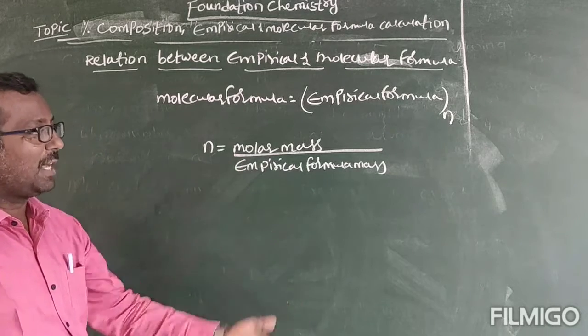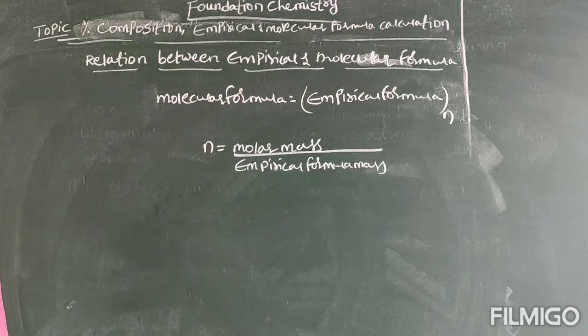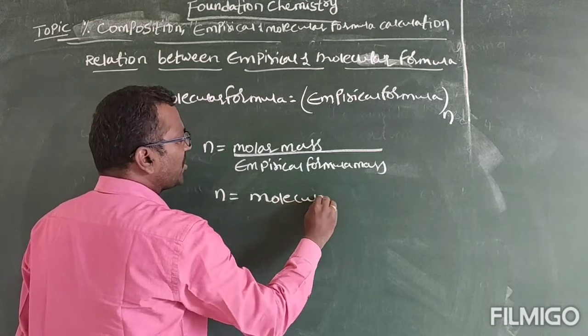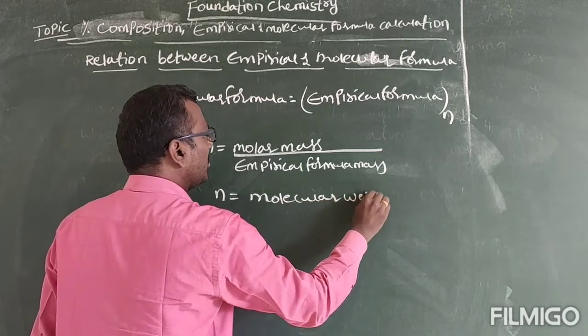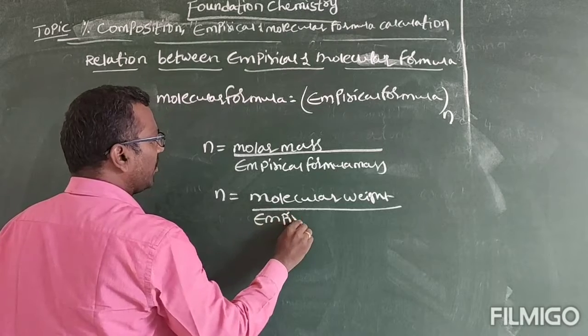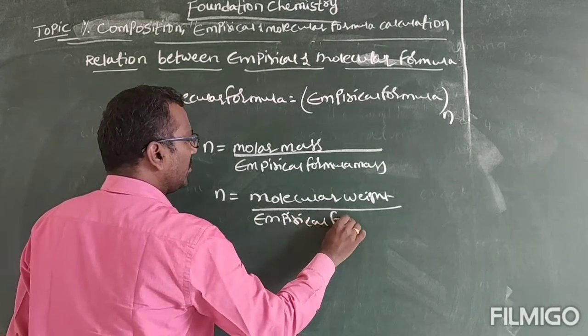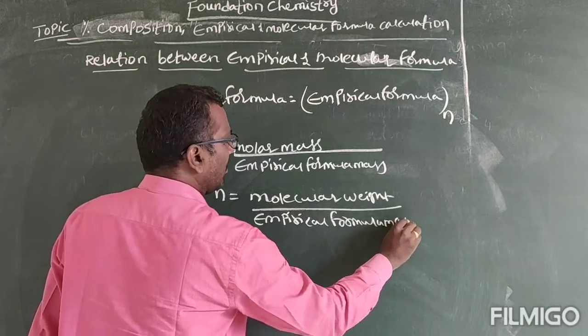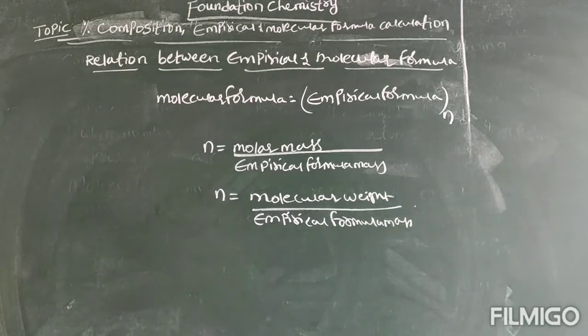Sir, what is molar mass? Molar mass is nothing but molecular weight, the molecular weight of a particular compound. So you can write it like this also: molecular weight divided by the empirical formula mass.